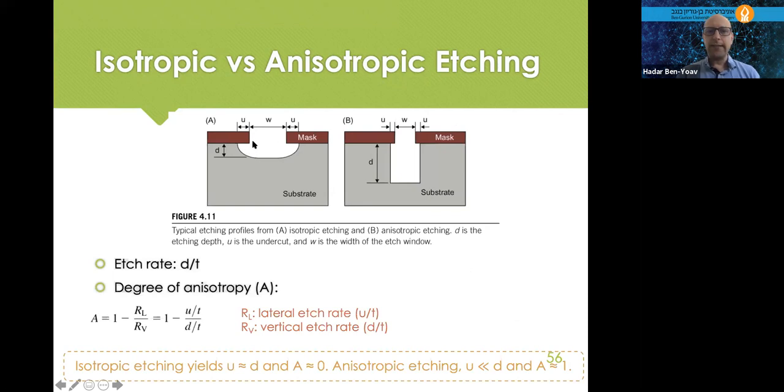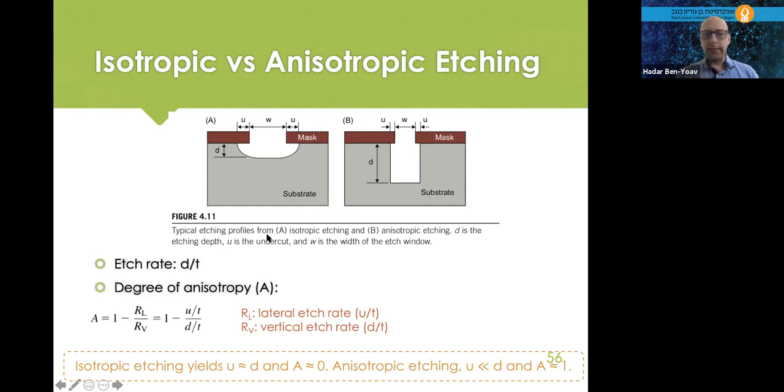So vertically and horizontally, we have U and D. And for that, we can calculate U over T, which is how much distance it went over time, its velocity. This is the lateral etch rate over the vertical etch rate, and 1 minus this gives us A, the degree of anisotropy.